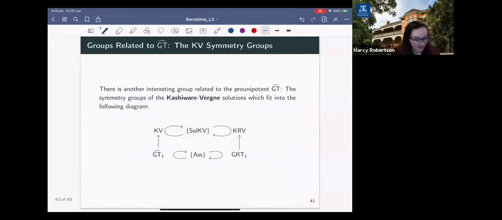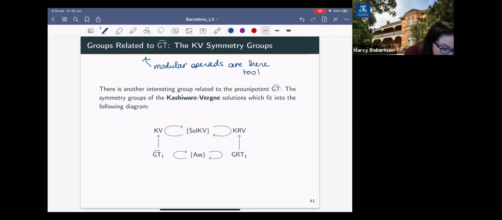So there's another really interesting group related to GT, and now I'm going to drop out of profinite, but it comes from modular operads. So the relation is modular operads are here too. And this is the Grothendieck-Teichmüller groups. So this is no longer profinite.